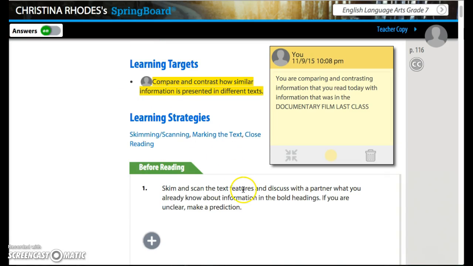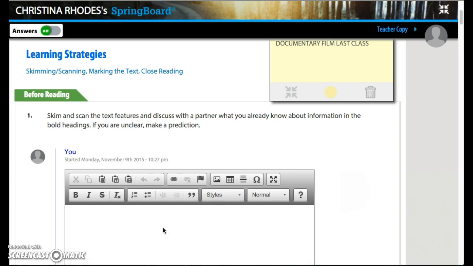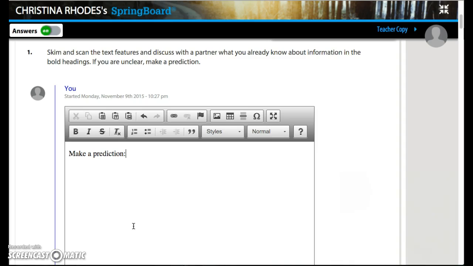Okay? So go ahead and skim and scan 116, 117, 118, 119, and 120. Then I want you to make a prediction and write down what you know about text features. So make a prediction. Okay, I'm going to give you 1 minute.